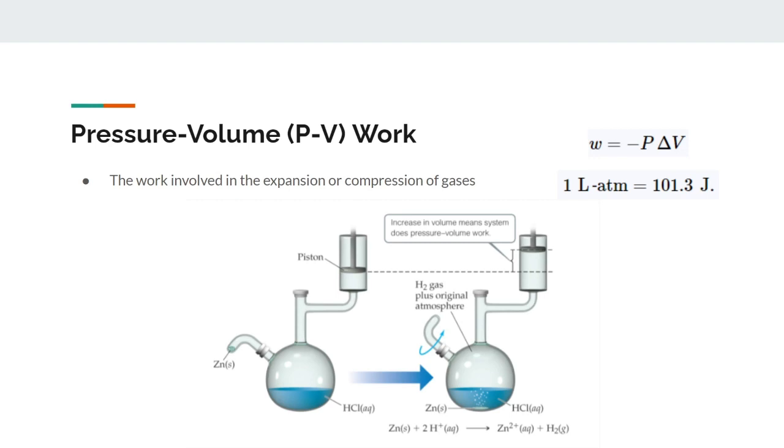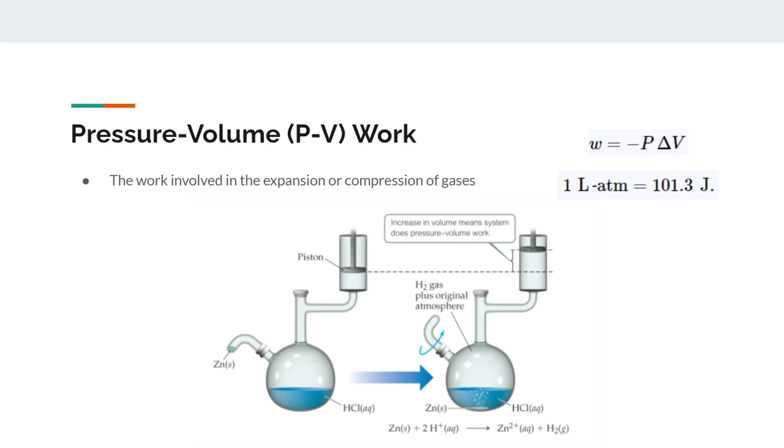And one way to calculate this PV work is this equation up in the top right, which is W equals negative P, or pressure, times delta V, which is the change in volume. Or basically, in this example, how much the piston moves up. That's going to be the delta V, how much volume the piston moving creates.